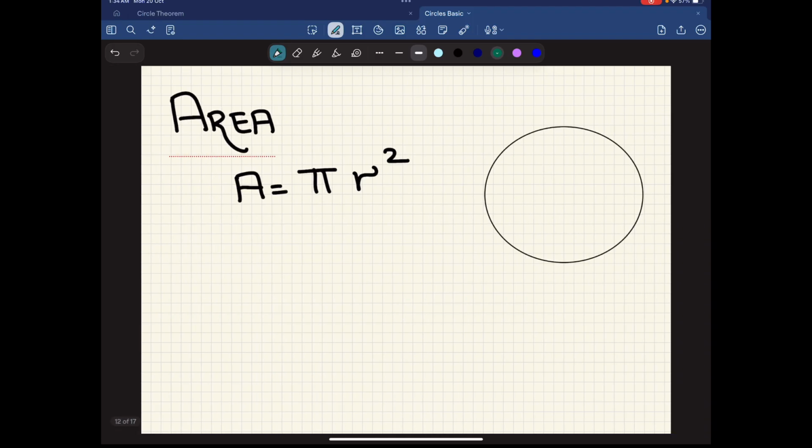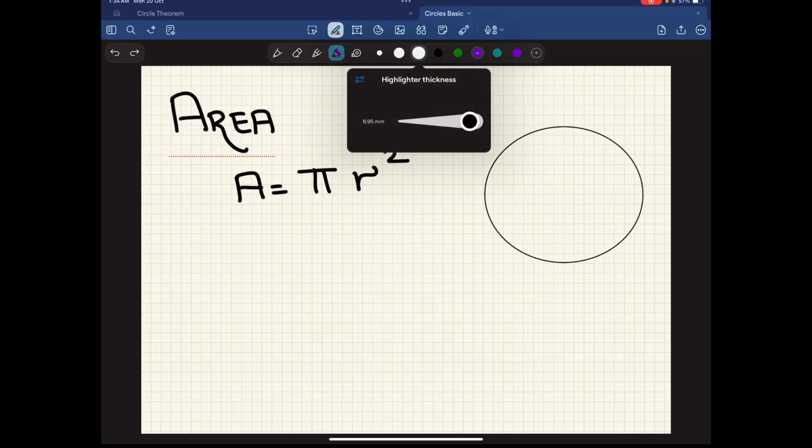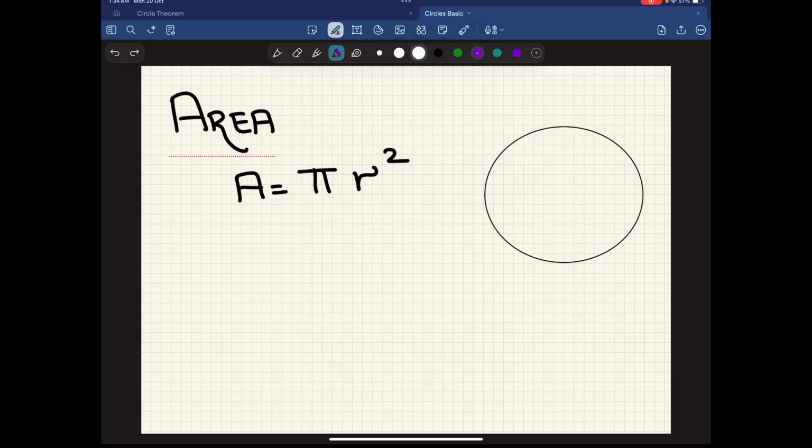Now to calculate the area of a circle, what is the area? The area is basically the space inside the circle.